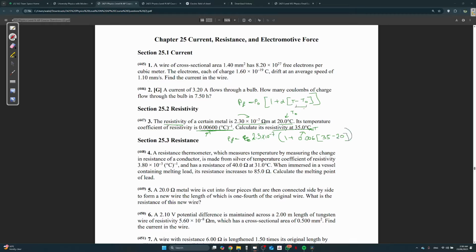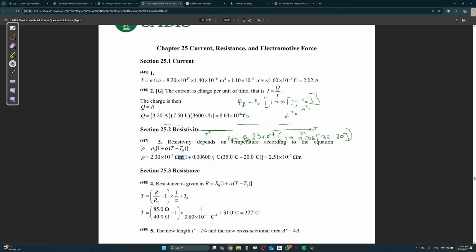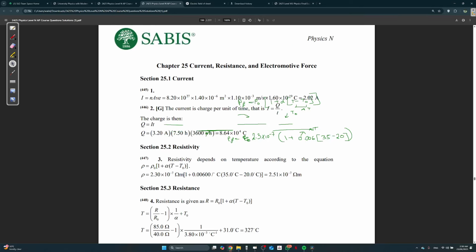You can call this delta T as well, it doesn't matter. Let me just make sure this is correct. So 2.3 times 10 to the minus 7 times 1 plus 0.06 times 35 minus 20. Perfect. And you should get 2.51 times 10 to the minus 7.